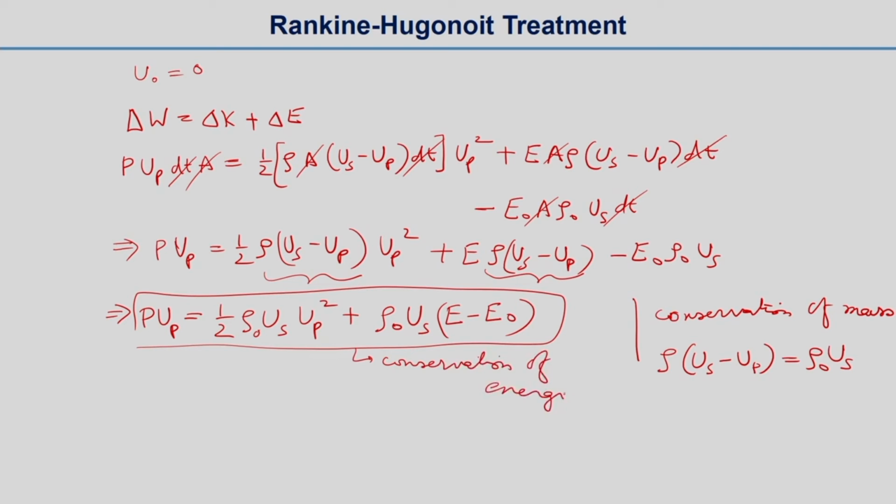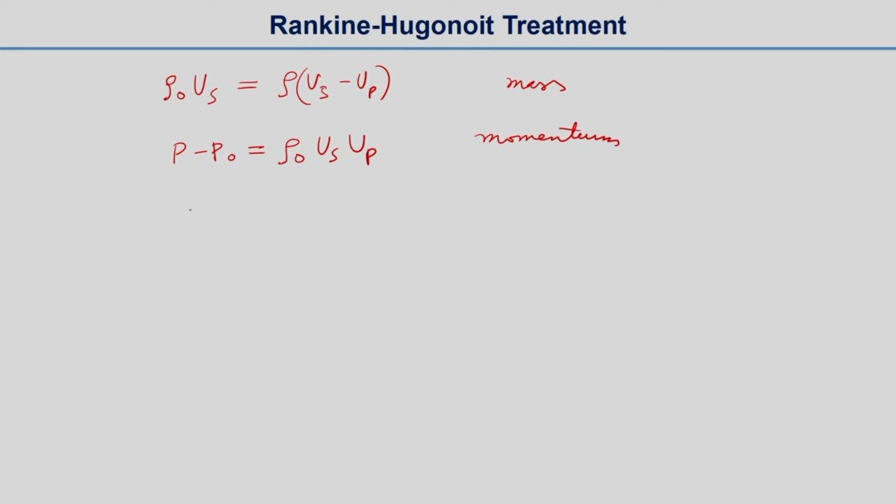What we found in our discussion here, if we summarize the three conservation equations: the first one is conservation of mass, and the second one is P minus P naught equals rho naught Us up, that is conservation of momentum, and the third one is the conservation of energy.